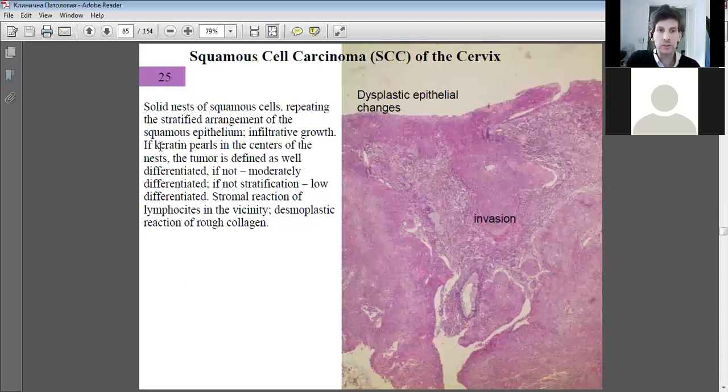If there are keratin pearls in the centers of the nests, the tumor is defined as well differentiated. Basically, if within a nest we see a hardening mass or keratinous tissue forming, then the tumor is well established. This is a well established one here. And the pearls eventually lead to necrosis, if you like.